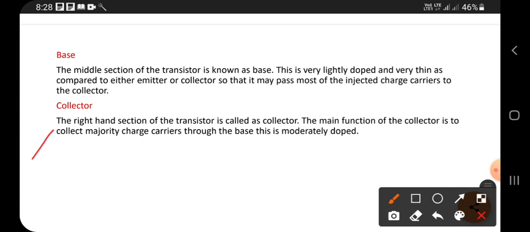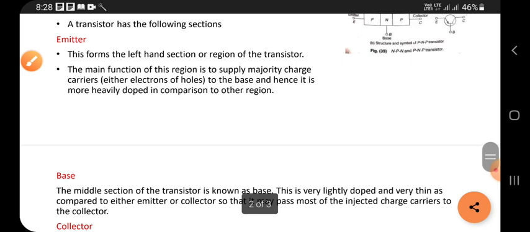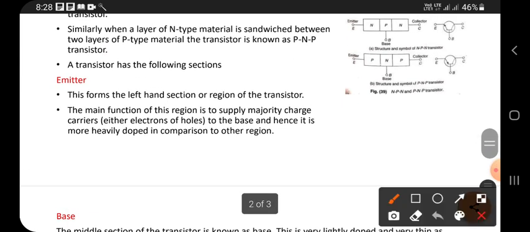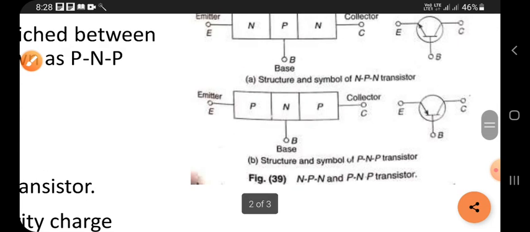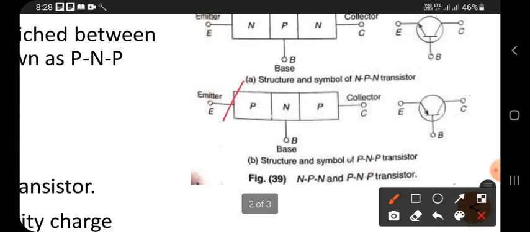Next, the collector. The right hand section of the transistor is called the collector. Now see clearly: the left side is the emitter, the right side is the collector, and the middle is the base. The size is also different.